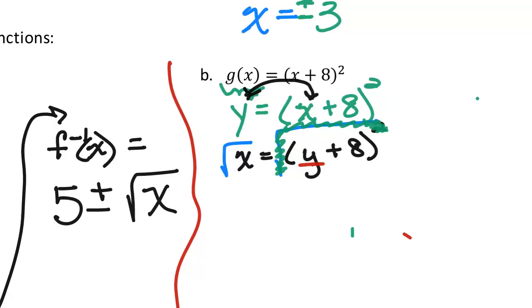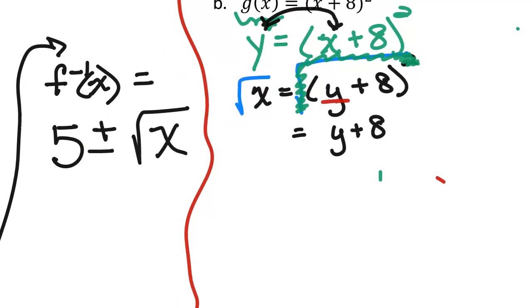And you're left with y plus 8 is equal to, and just so I don't forget, when I rewrite that square root of x, I'm going to put plus or minus in front of it. Do that right then. Okay? I'm trying to solve for y.